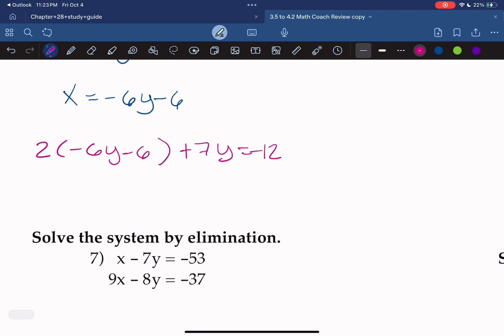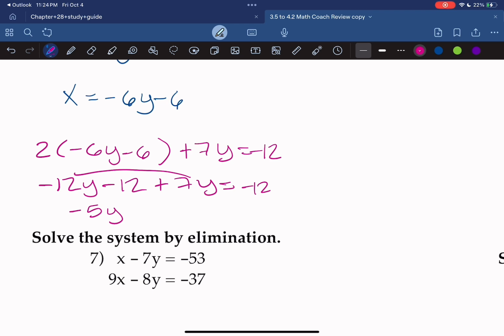So negative 12y minus 12 plus 7y equals negative 12. We can combine like terms. Negative 12 plus 7 is going to be negative 5y minus 12 equals negative 12.